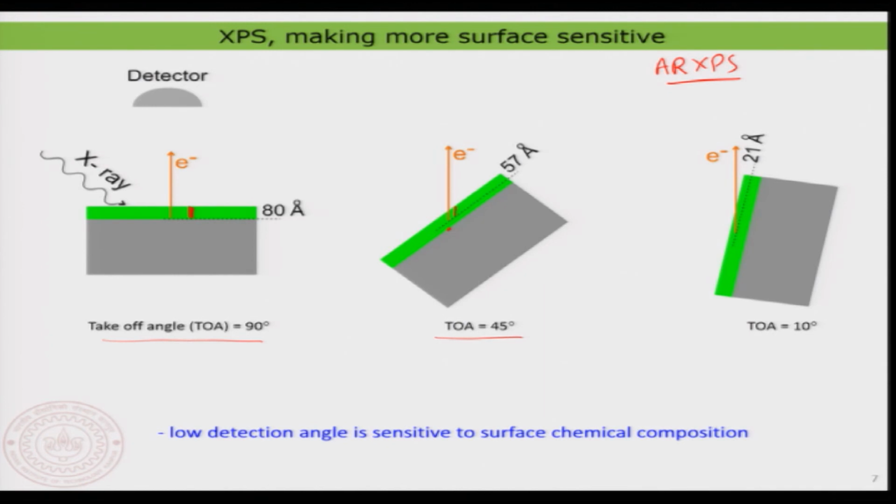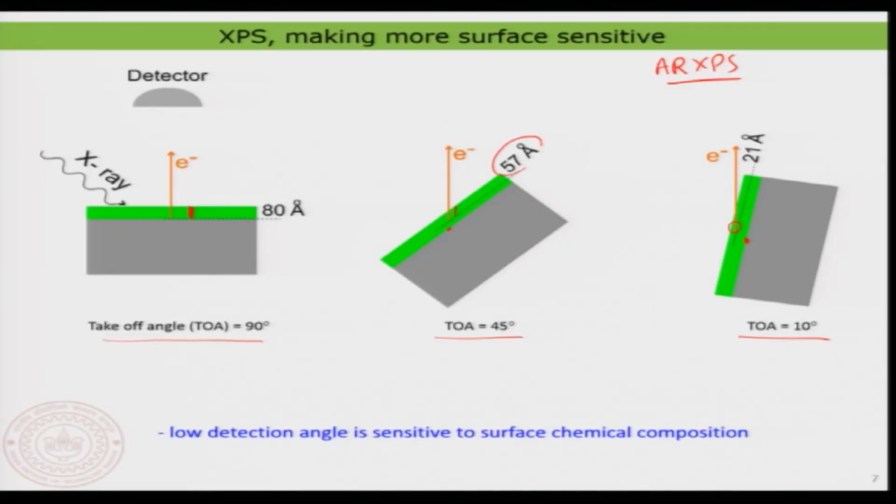When I have a takeoff angle of 10 degree, everything at the interface is not detected, but what is closer to the surface is detected. So when you do angle resolved X-ray photoelectron spectroscopy, you are extremely sensitive to the surface. That is quite striking and interesting, because now I can measure the sample extremely close to the surface.